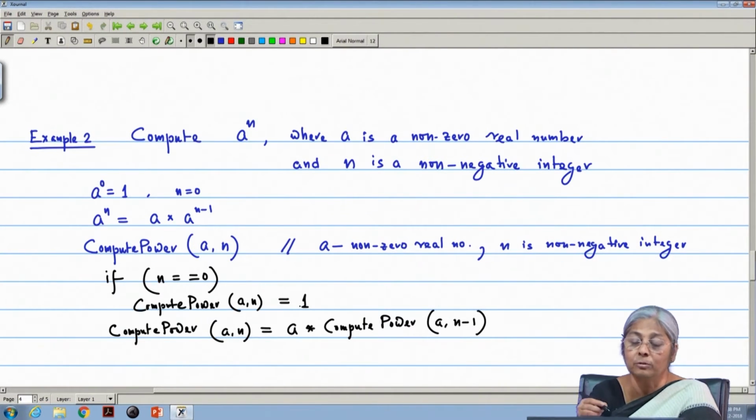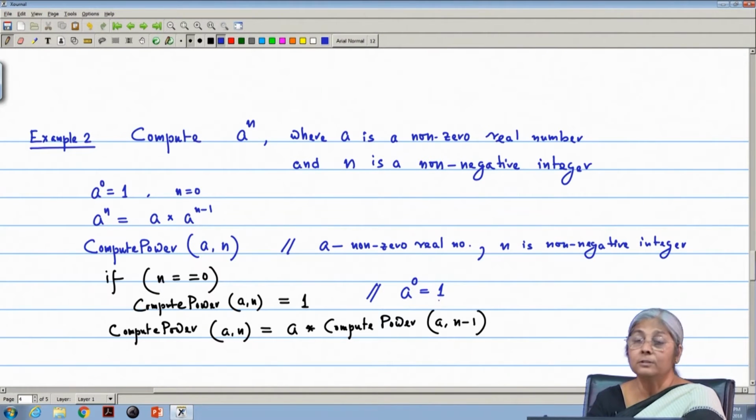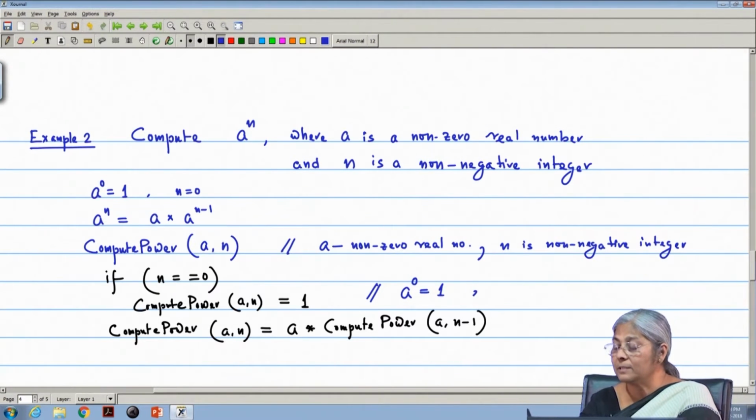because all of us know that a to the power 0 equal to 1. So, this is equivalent to my basis step, because for n equal to 0 it is giving 1, and then computing power is the recursive step, and again this step contains the function and it is a recursive function, because it is compute power and then it is decomposed into a function where the inputs are a, n minus 1 and my n minus 1 is smaller than n.